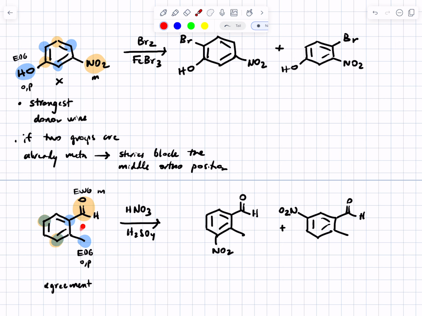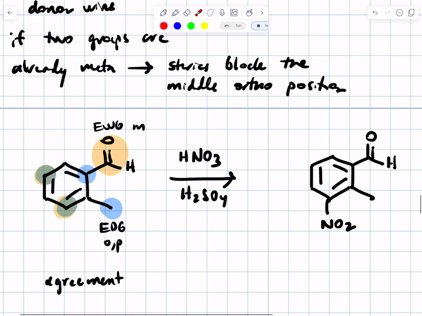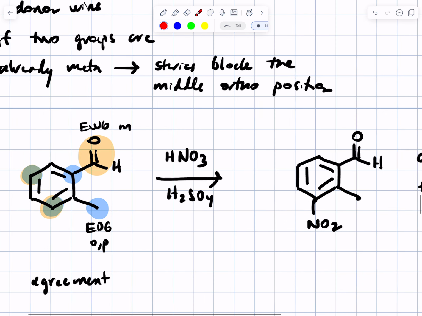Two groups were ortho to each other. Do you see how this carbon where we put the nitro group isn't sterically hindered because it's not between two groups? So the rule is not that you can never have three things in a row. The rule is that if two groups are meta to each other, you can't do the middle ortho position. Two groups are ortho to each other, you can for sure do on the sides. Okay.